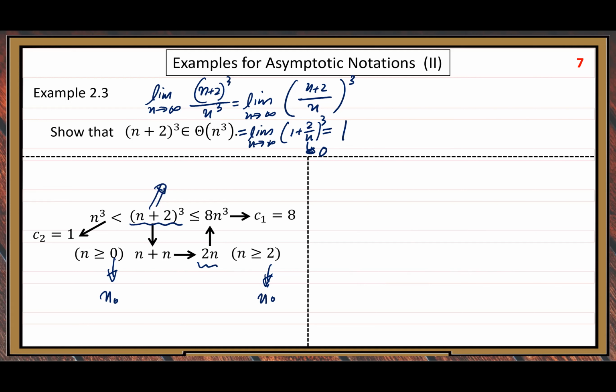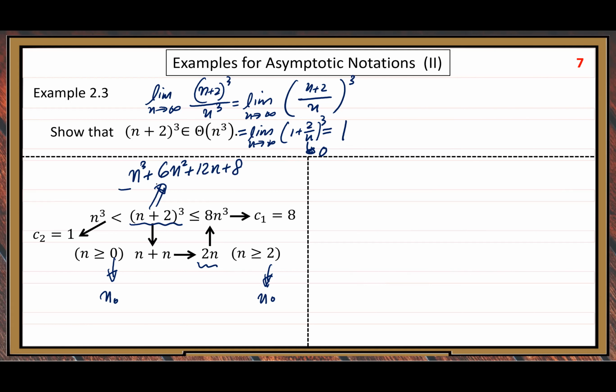So the expansion is n cubed plus 3 times n squared times 2, that's 6n squared, plus 3 times n times 2 squared, that's 12n, plus 2 cubed, that's 8.